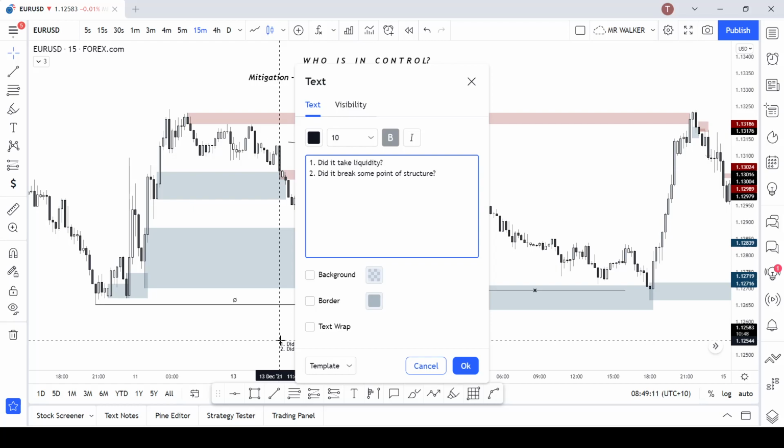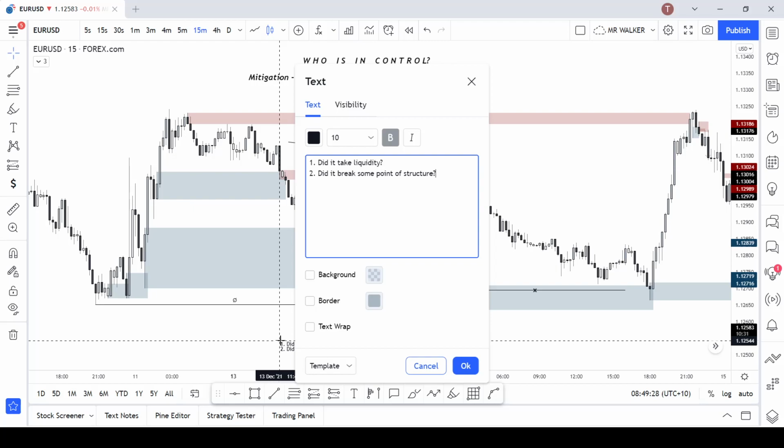So in this case, it always comes down to what your trading style is. But for me, I don't really use minor structure and substructure breaks of structure because I like to keep it simple.